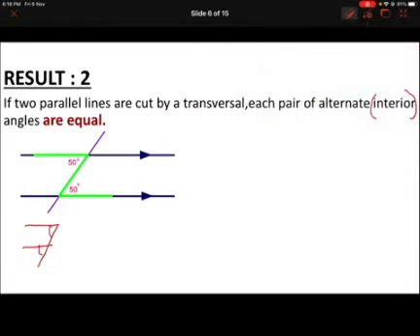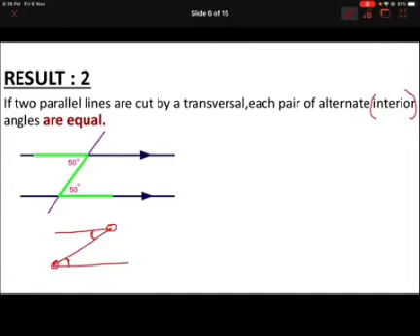But in case of alternate angles, look for the shape Z. So, the angle here at this vertex and the angle here at this vertex, these two angles are alternate angles.